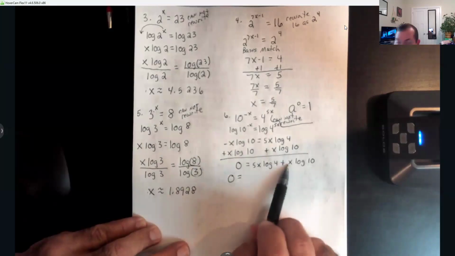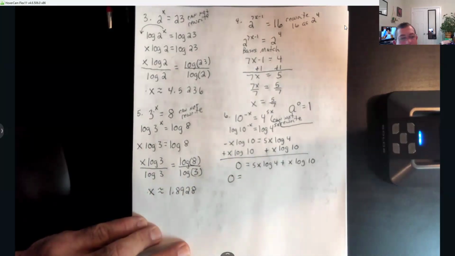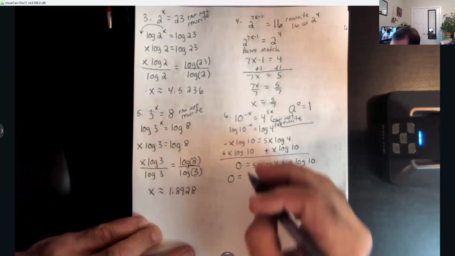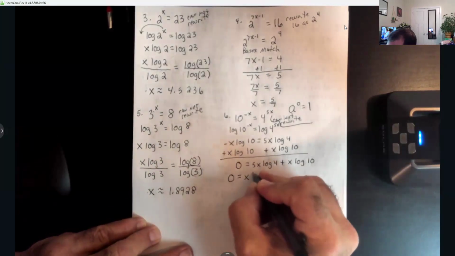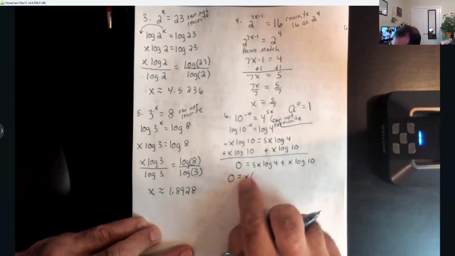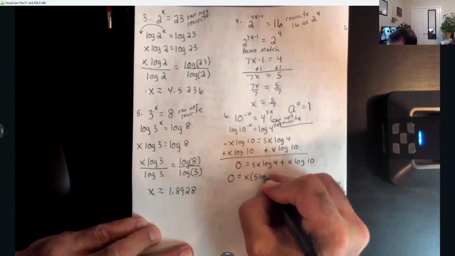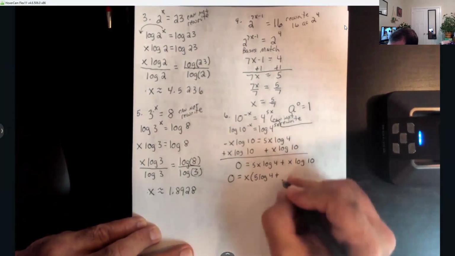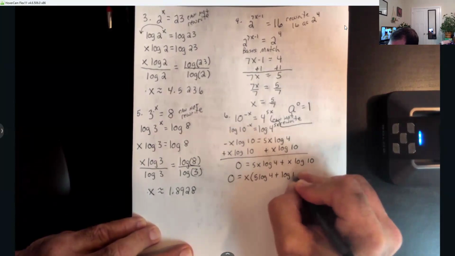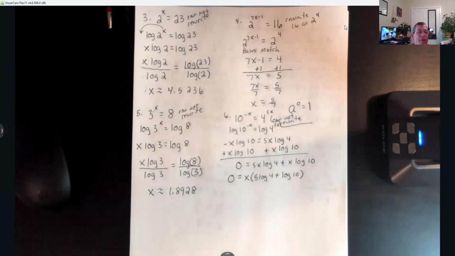They both have an x in them. So we are going to factor that x out like a greatest common factor. Because you factor the x out, that's going to leave me a 5 log 4 plus my log 10. Good job on that, Nat.